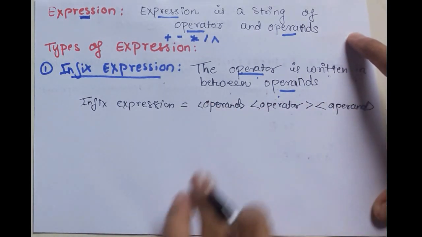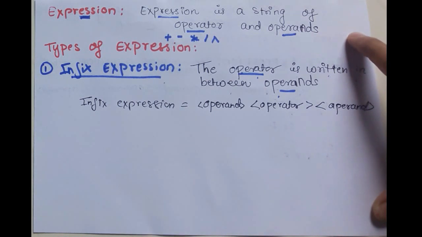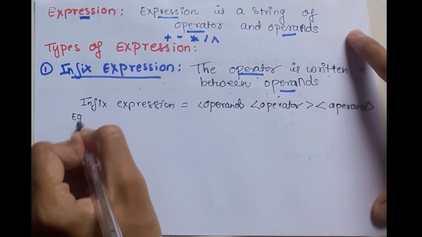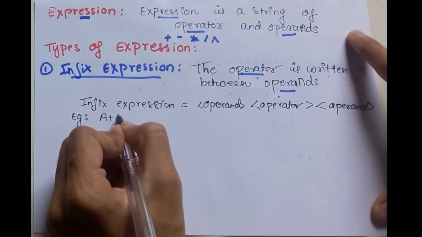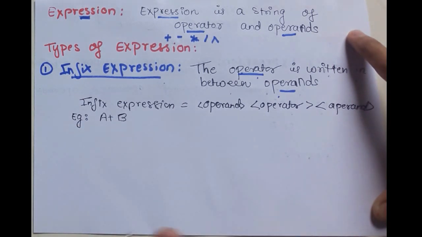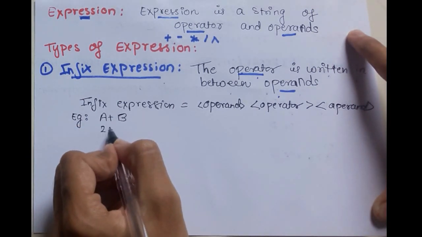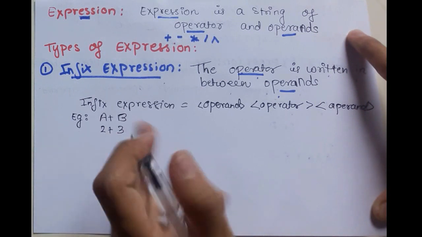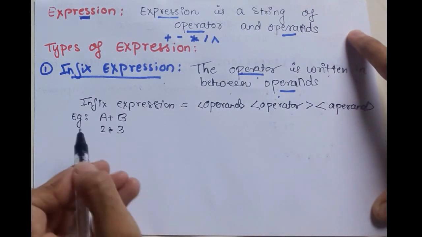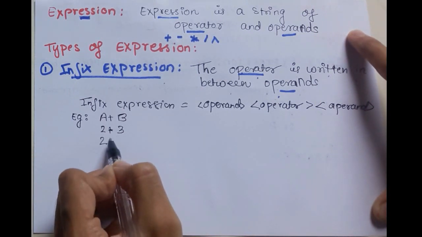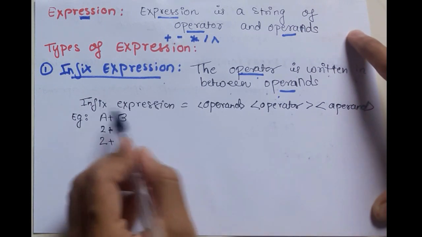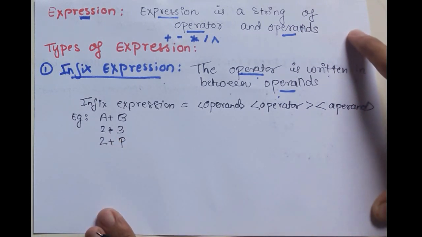This is how an infix expression is formed. Examples are a plus b, or 2 plus 3. 2 and 3 are operands and plus is an operator. Also 2 plus p. So these are the examples of an infix expression.